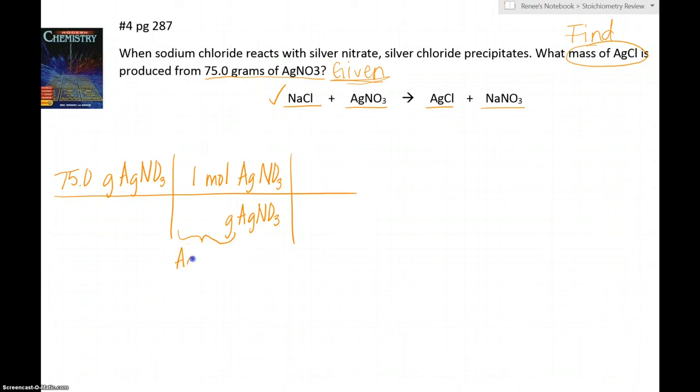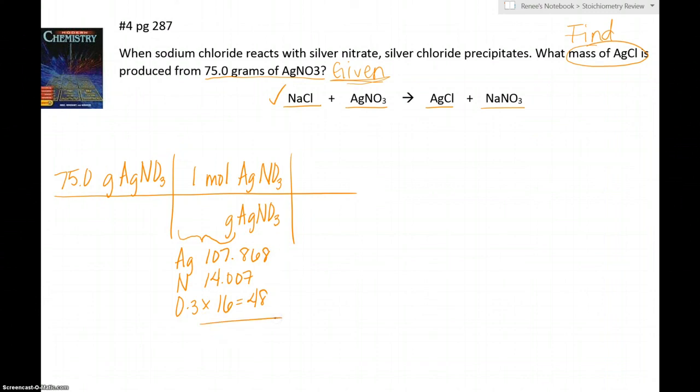Here we have 1 silver, 1 nitrogen, and 3 oxygen. Oxygen is 15.99. I like to use 16, so it should be about 48. Nitrogen on the periodic table is 14.007. And silver is 107.868 grams per mole.